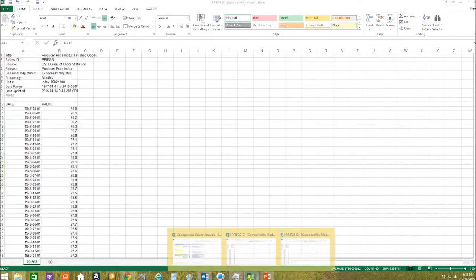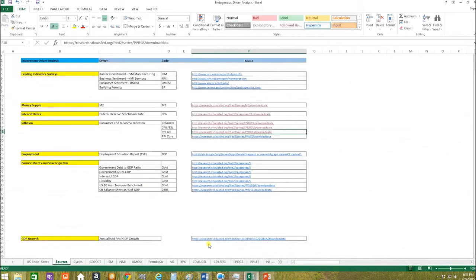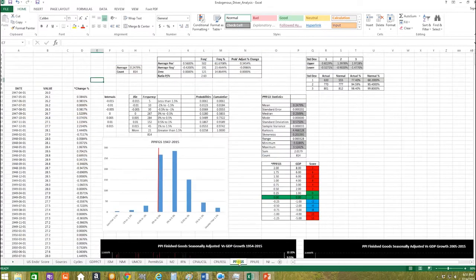So let's go back over to the endogenous driver analysis. And if we just click into the PPI finished goods all items number, you can again see we have our date going up in increments of months.